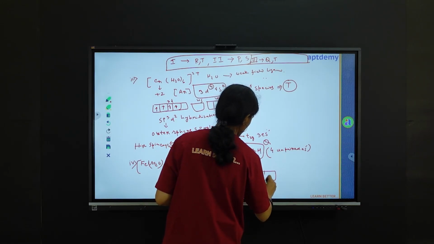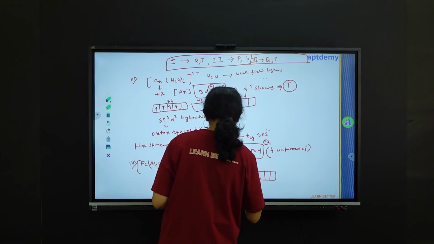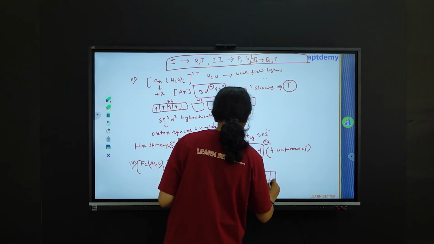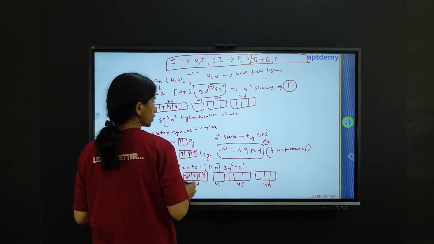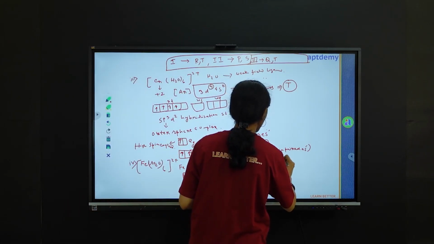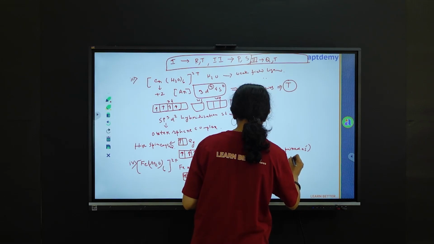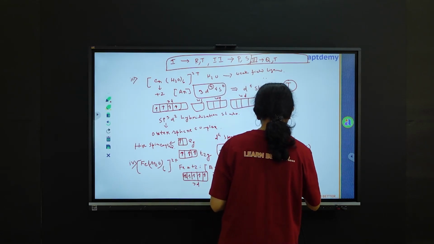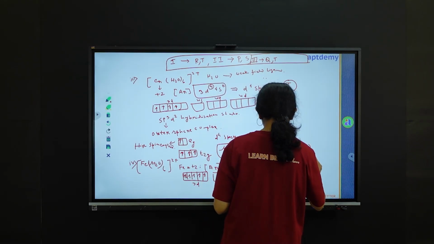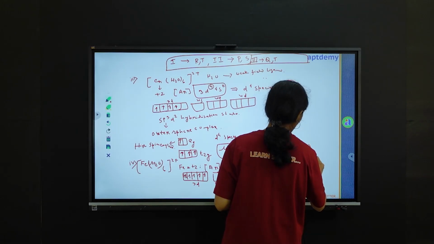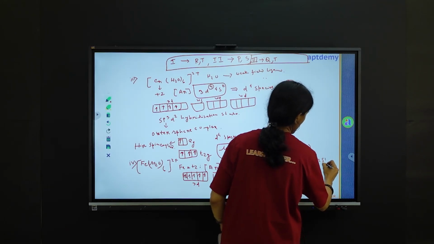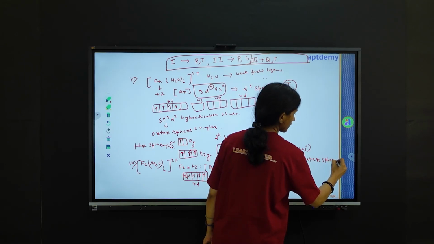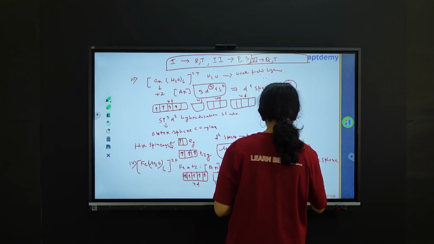Now it also represents sp3d2 hybridization state and also an outer sphere as well as high spin complex.